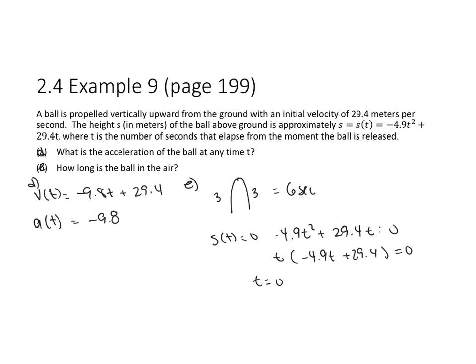So that's at 0 seconds right here when it starts. And then negative 4.9 t plus 29.4 equals 0. So t is going to be negative 29.4 over negative 4.9, or 6 seconds. So it lands here at 6 seconds.